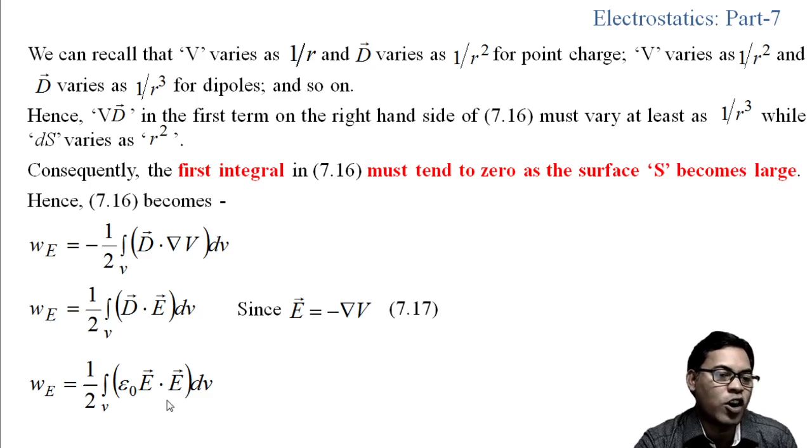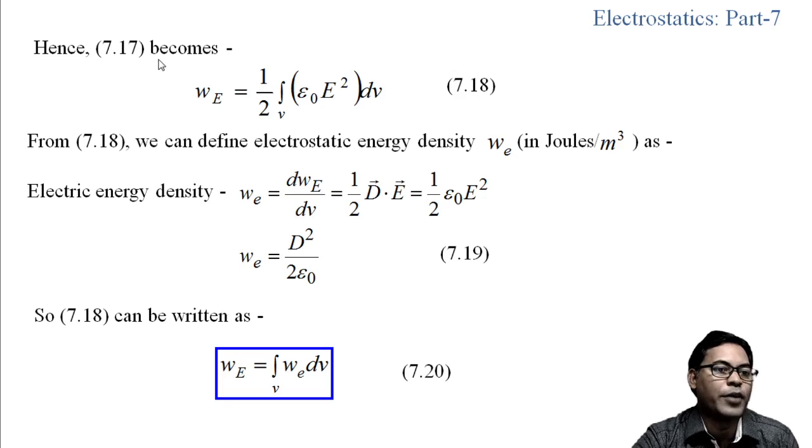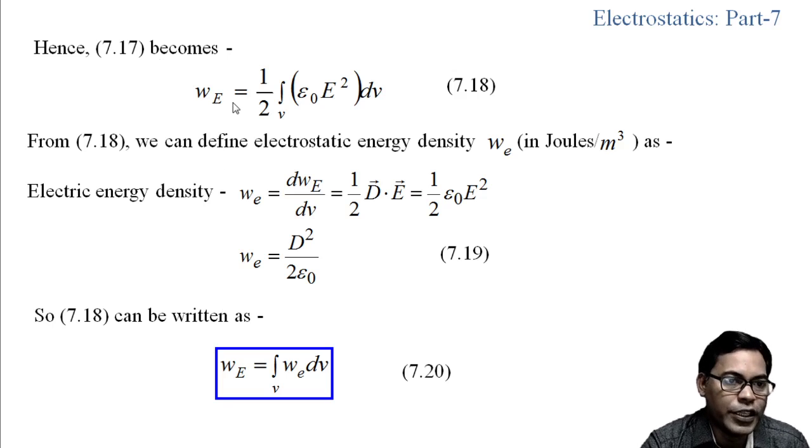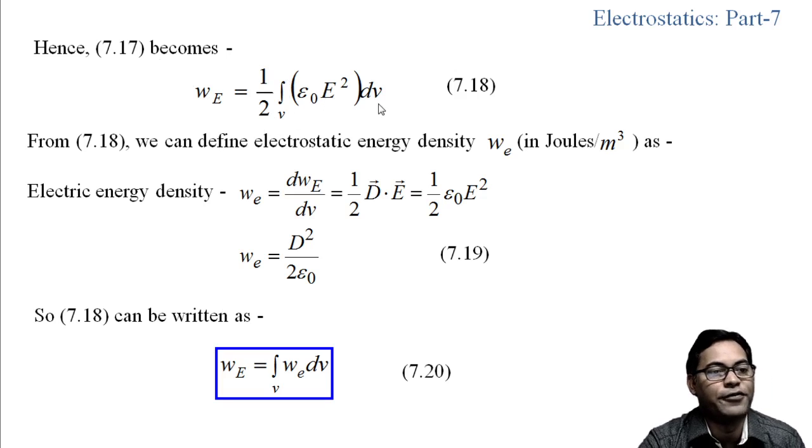So ultimately we get We equals half the volume integral of epsilon naught E square dV.